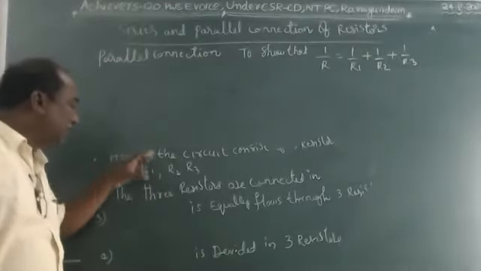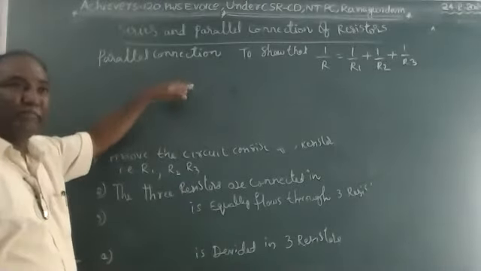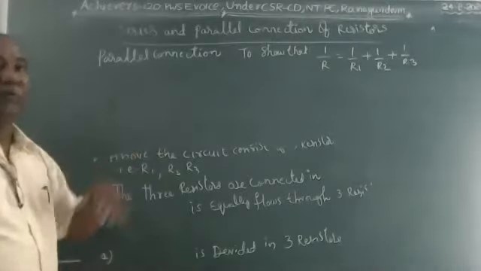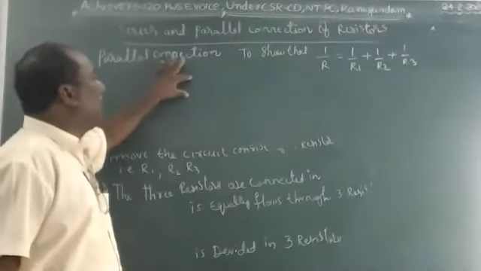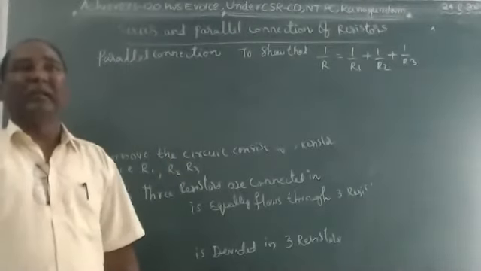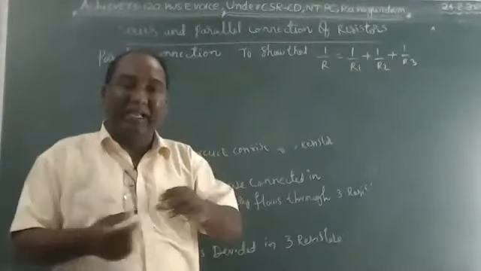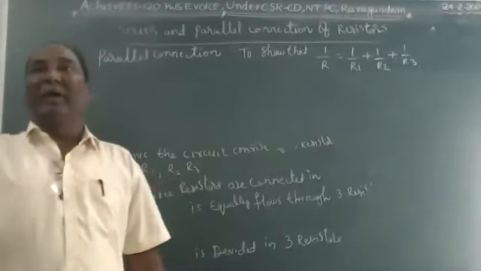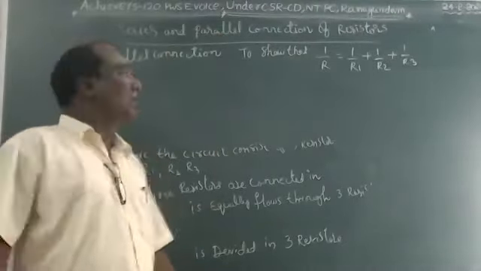In series connection the current flows equally, but in parallel connection the current is divided, while the voltage V is the same across all the resistors. Current I is divided in the parallel connection, but voltage V is equal through all the resistors. Have you understood these 2 points, children? By this only we solve the equation.